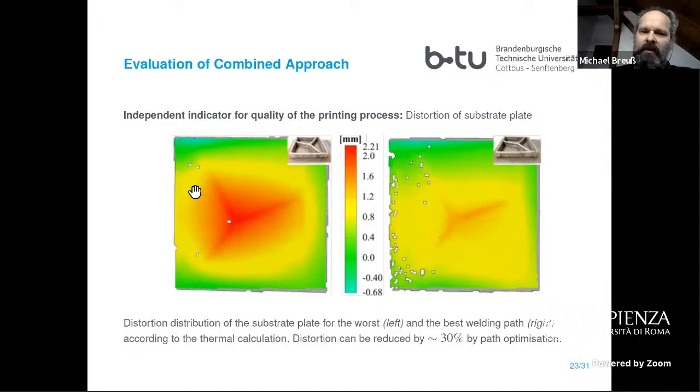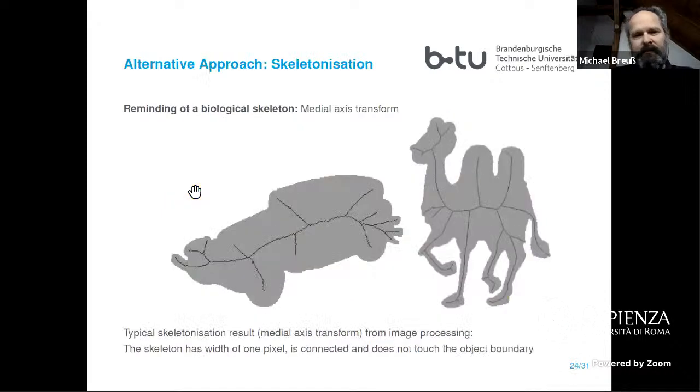So what you see here are, for 2 of the printing paths, the corresponding plots of the material deformation of the substrate plate. And one can see that we get a much better solution.